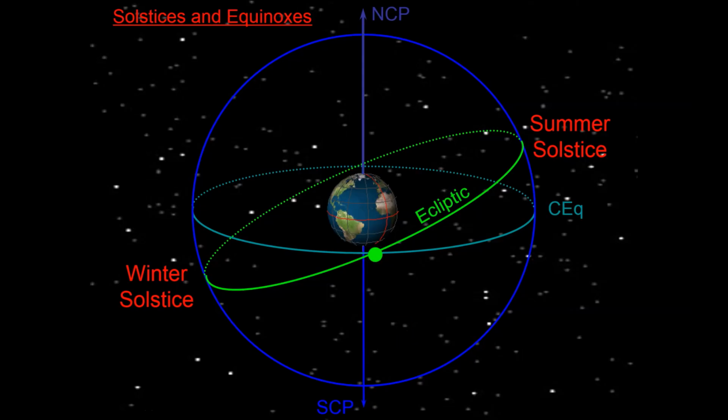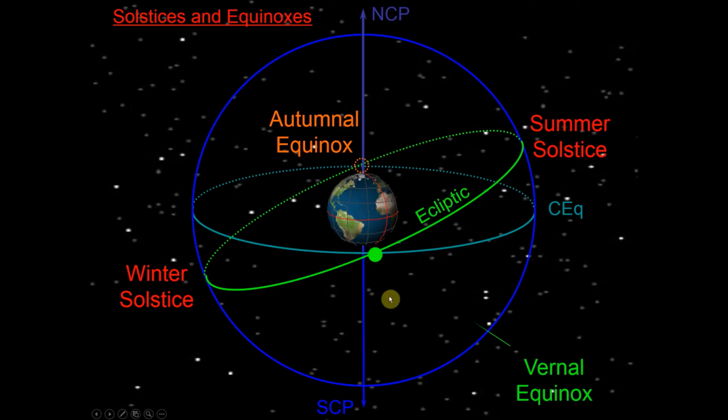Those points, it turns out, are quite useful. The autumnal equinox is over here, and this is where we actually switch from the summer to the winter. This is when the autumn or fall occurs. The vernal equinox is over here, and this is where the spring occurs, when we're switching into the summer solstice.